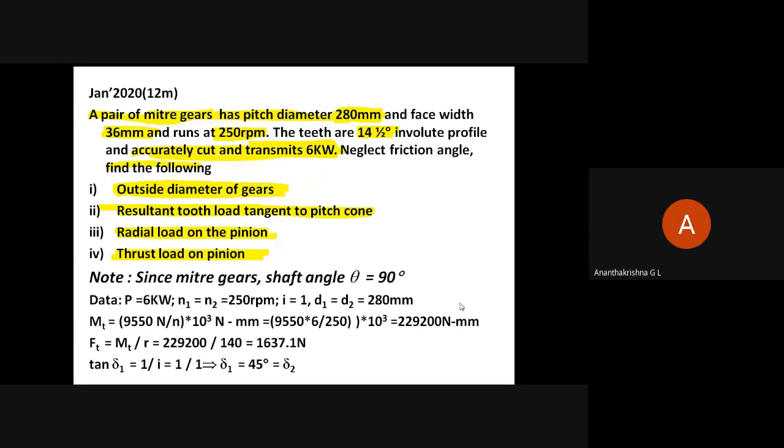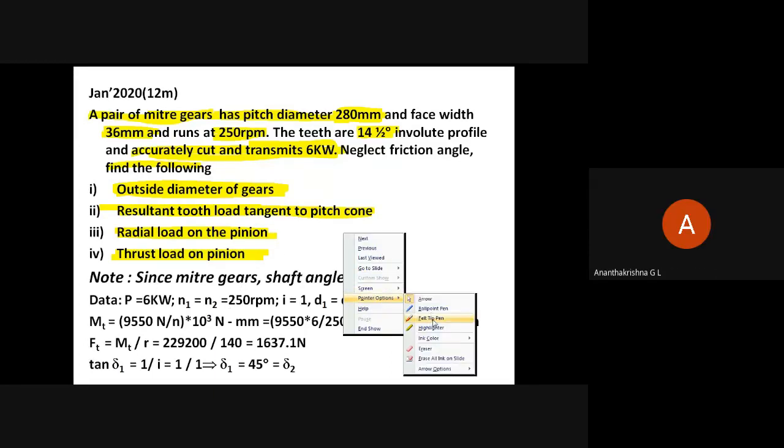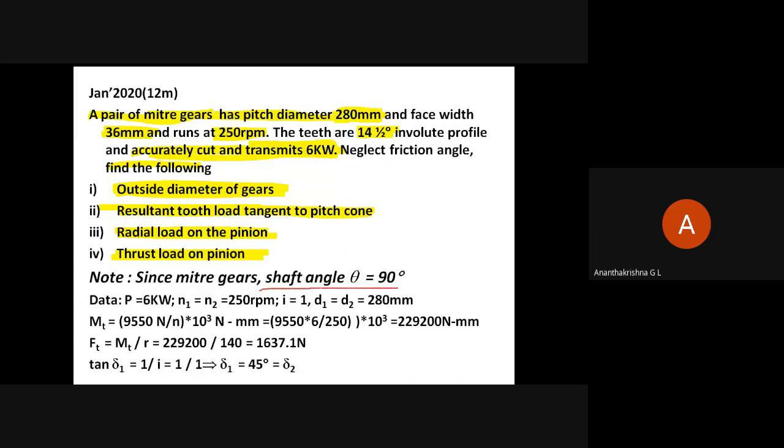Yes, sir. Okay, fine. Since it is miter gears, the shaft angle theta is equal to 90 degrees. Power to be transmitted is 6 kilowatt. N1 and N2 are equal to 250 rpm, and since both speeds are the same, the velocity ratio is going to be 1, and D1 and D2 are also equal to 280 mm. Since power and rpm are given, we can find the torque transmitted.